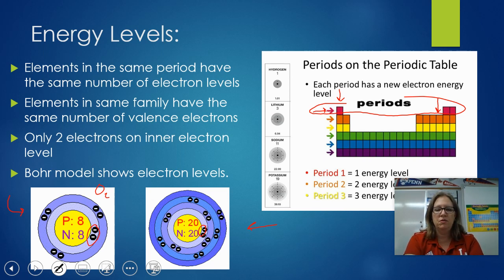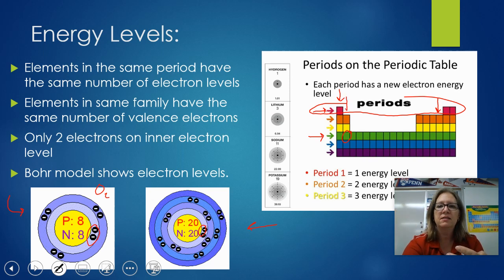Let's see, for the number 20, protons of 20, that is element number 20, which is calcium. And you can see that we're up to 4 electron rings now, and calcium is in fact in period 4. Calcium would be down here, specifically this spot, okay? So the fact that it's in the 4th period tells us it has 4 electron rings.